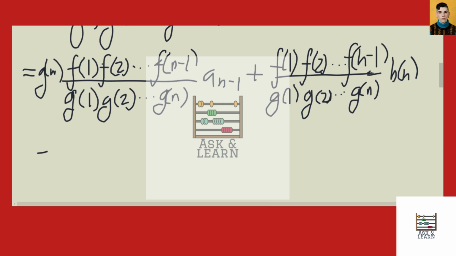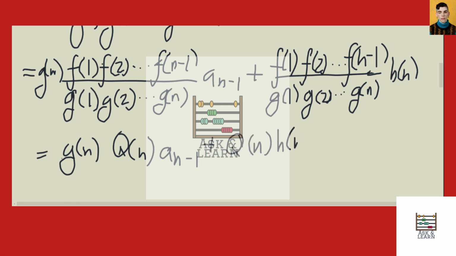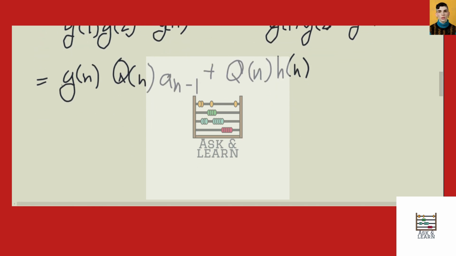We recognize that this is the same as g of n times q of n times a of n minus 1, and the second term is the same as plus q of n times h of n.